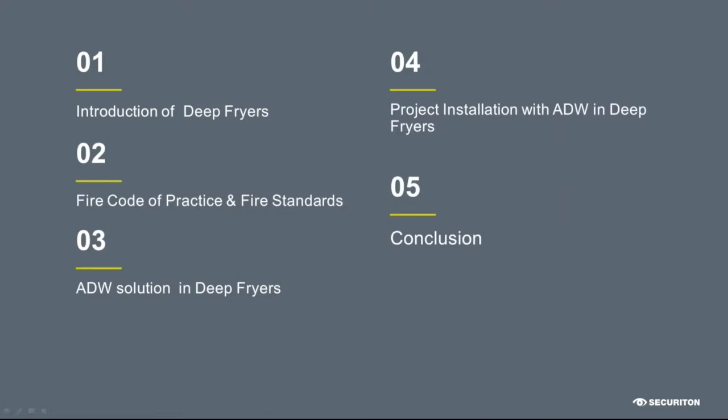We'll start with a deep understanding of deep fryers and the key components of deep fryers to understand better, followed by fire codes in practice, with the fire standards that apply in order to implement deep fryers and their detection system, followed by the ADW solution in terms of deep fryers. And finally, we also will be looking into the project installations of how ADW and its components shall be used in deep fryers. And I'll close out with the conclusion of the entire webinar today.